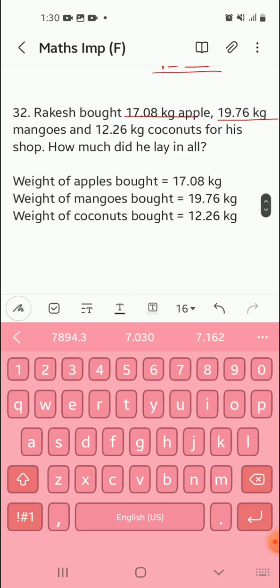Okay, so we have to add all of this. Let's check once. 17.08 kg apple, 19.76 mango, and 12.26 coconut, right?